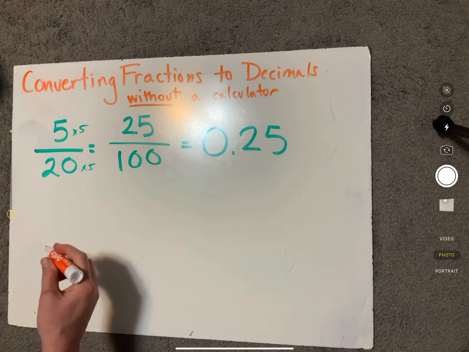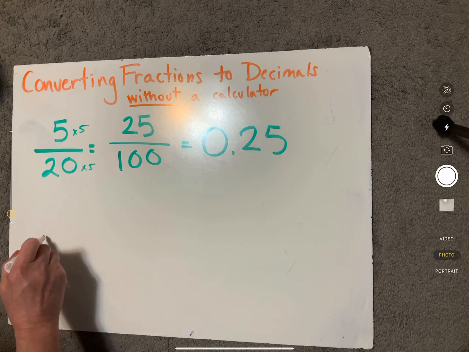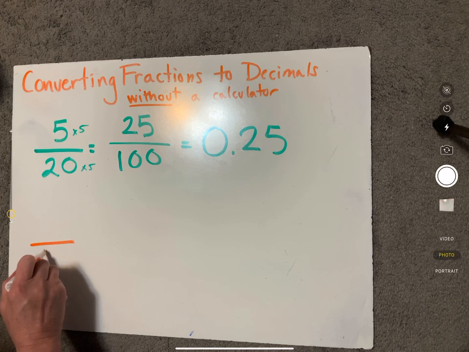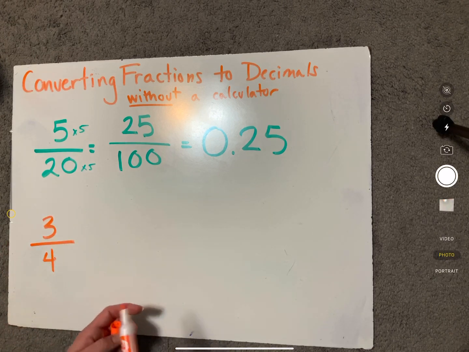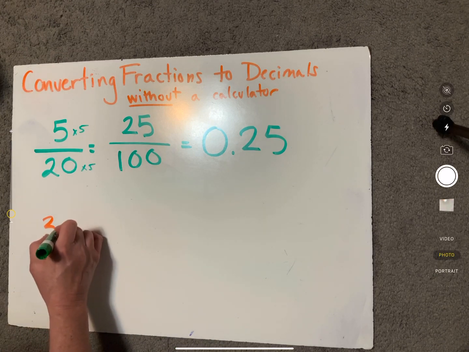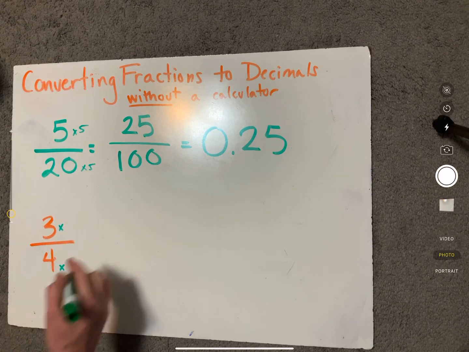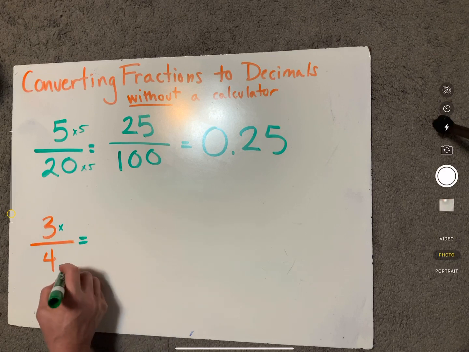The same if I have a number like, let's make 4 our denominator. So let's do 3 over 4. When we look at this, we can't make 4 into 10, but we could make 4 into 100 by multiplying by 25.